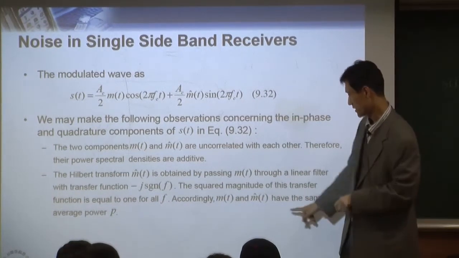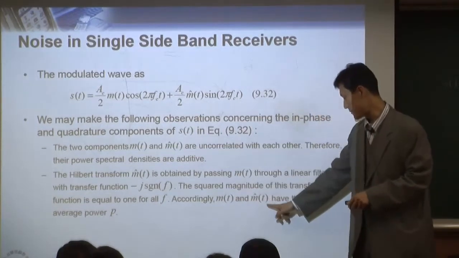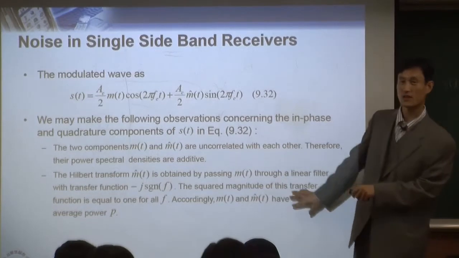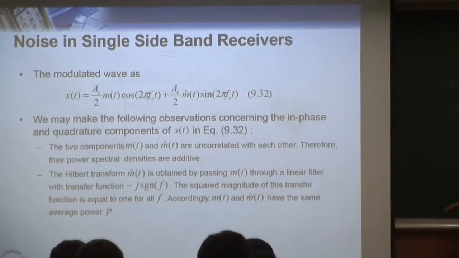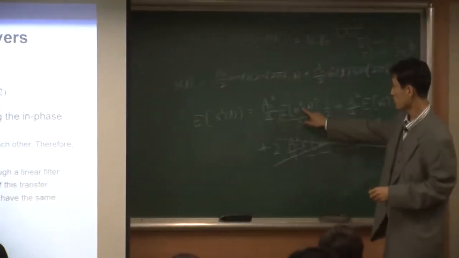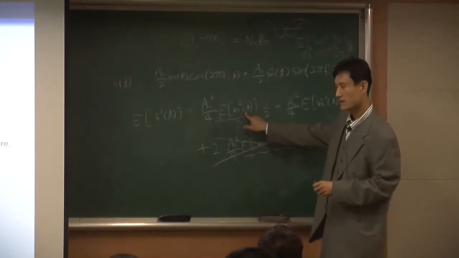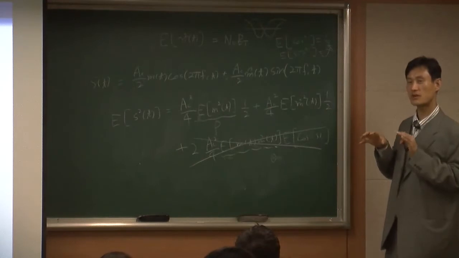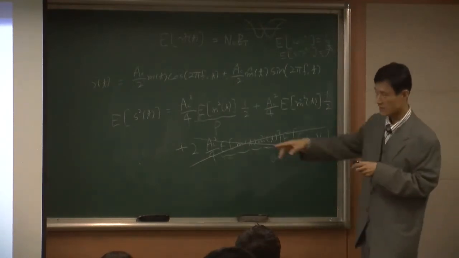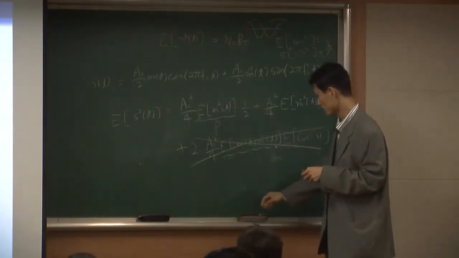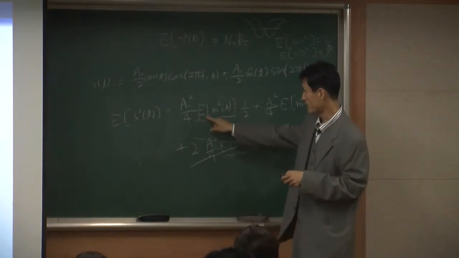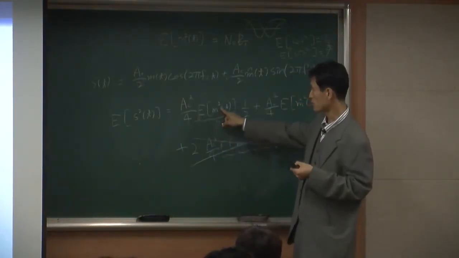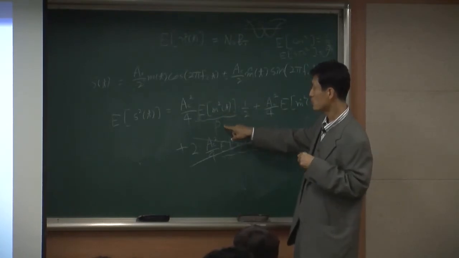So accordingly, m t and m hat t have the same average power P. That's another assumption, which means that m t and m hat t have the same original power. So we have the expectation, the time average, of m squared t. We assume it as P.